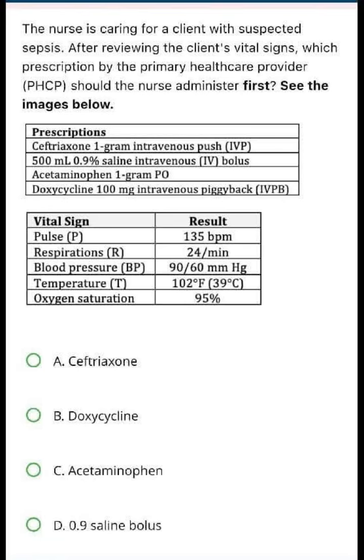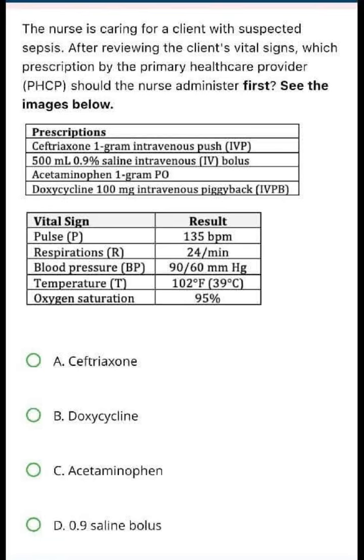Now, in a question like this, it comes with a lot. Every option is correct. Giving paracetamol is very correct. Giving antibiotics is very correct, because the three major things that we need to address now are pulse, which is high, temperature, which is high, and blood pressure, which is low. In a question like this, any of these options is correct.